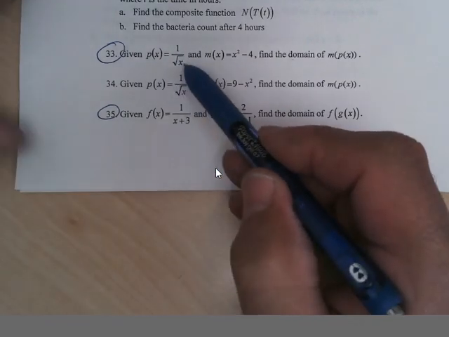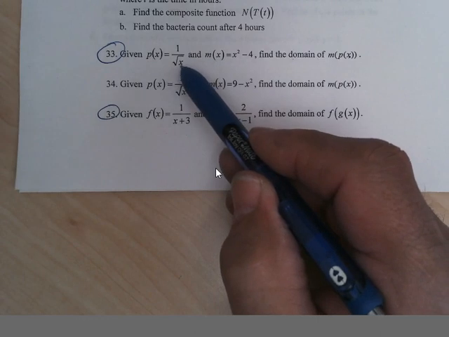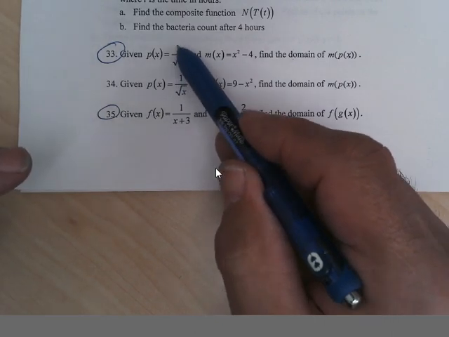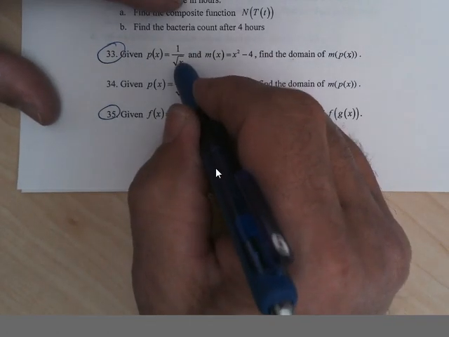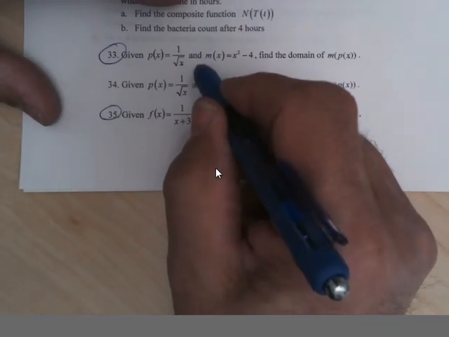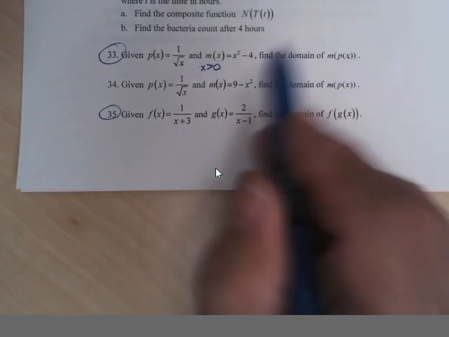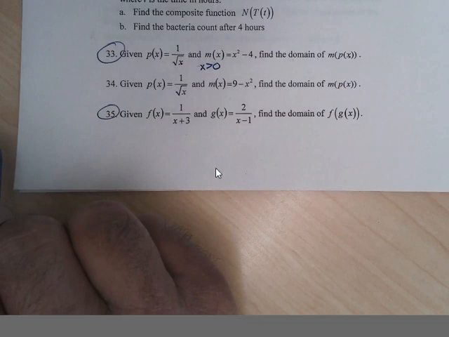Well, first of all, it's a square root, so everything underneath has to be 0 or greater. But 0 would give us 0, and that would make this division by 0, so it can't be 0, and it can't be negative, so far, x has to be greater than 0. The numbers we put in have to be positive, not 0 and not negative.